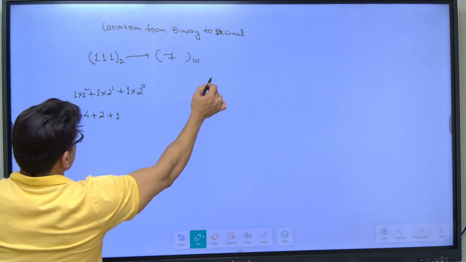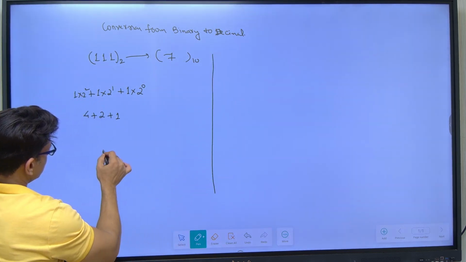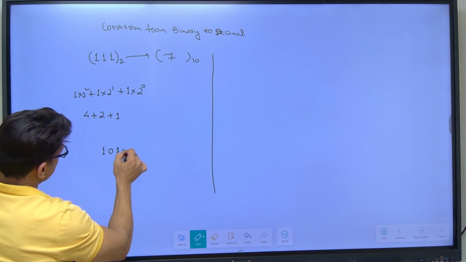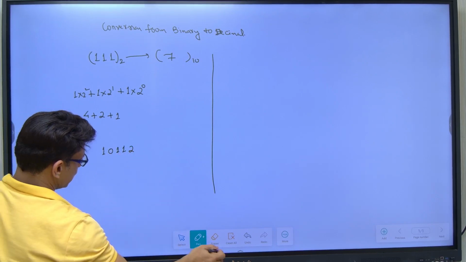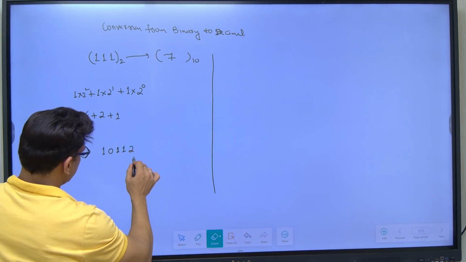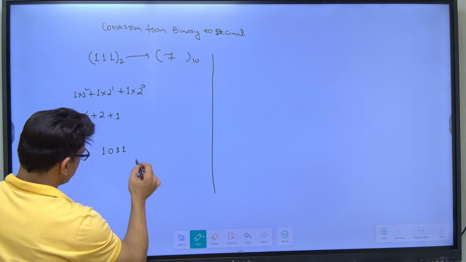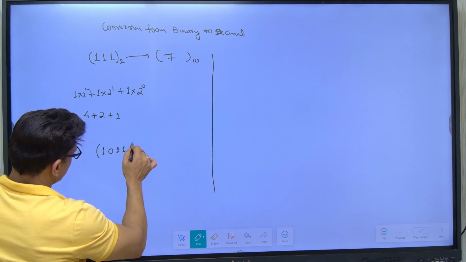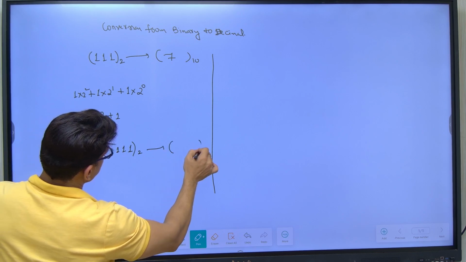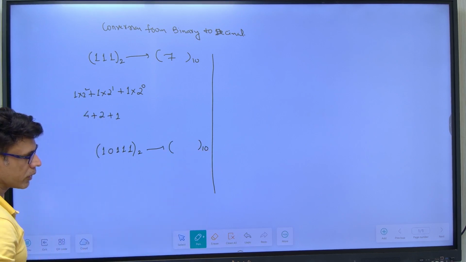Let's convert another number. Let's say you have 1, 0, 1, 1, 1. In binary, you cannot write 2 ever. From binary to decimal, we want to convert this.